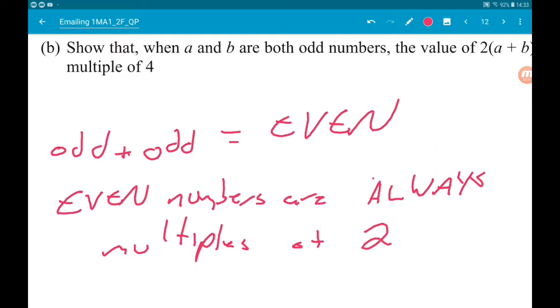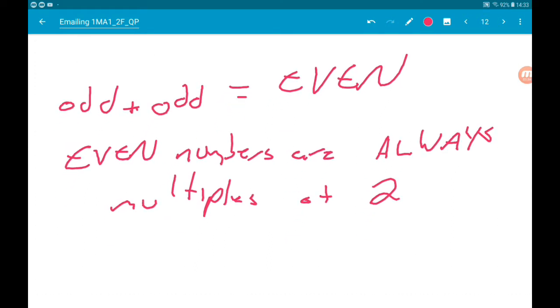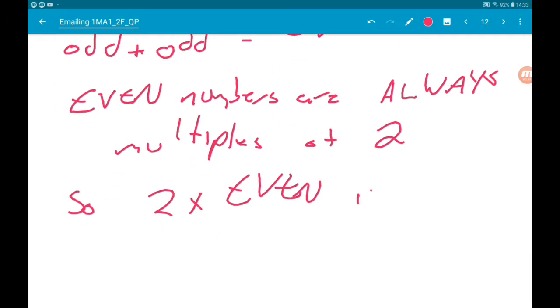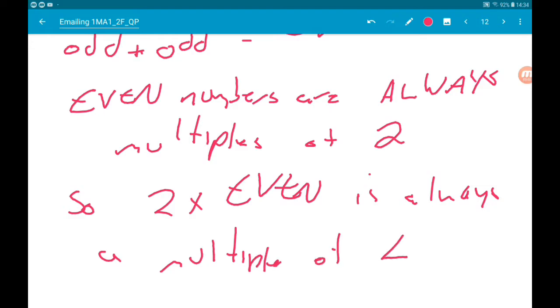So then we are multiplying a multiple of 2 by 2, which means that answer is always going to be a multiple of 4. So 2 times an even is always a multiple of 4. Cool.